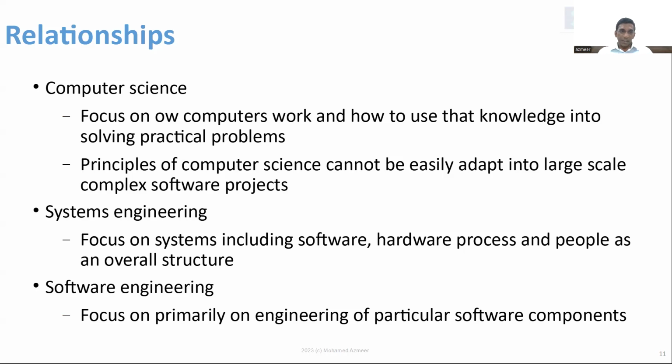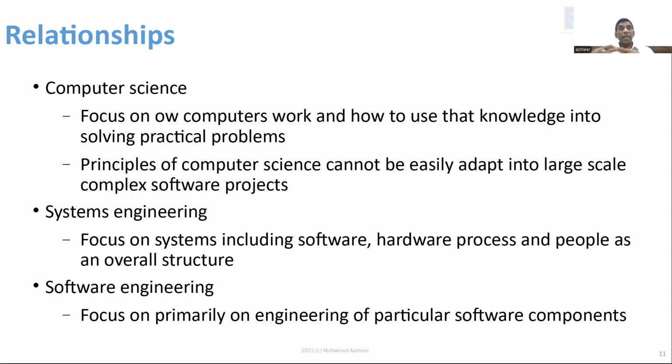And if you look at the second one, systems engineering, it focuses on systems, right? Including software, hardware, processes, people. It's essentially the overall structure of building something. The last one is software engineering, where we focus primarily on the engineering of particular software components. Now, this is our focus, the last one, right?